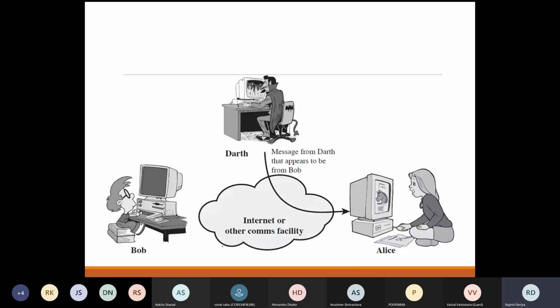So let us see the first type, which is the masquerade. In this type, Bob and Alice were supposed to communicate together, but here Darth has sent some message to Alice, and now Alice is assuming the message is being sent by Bob.